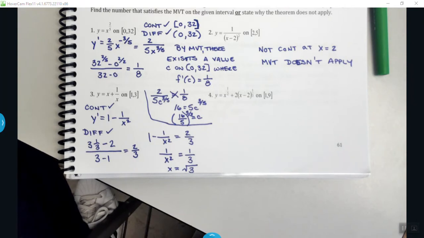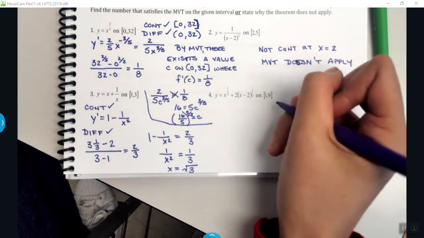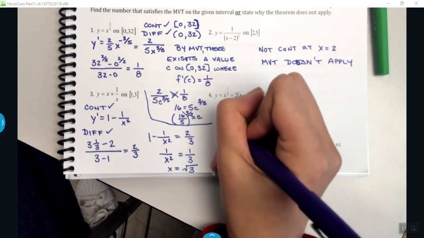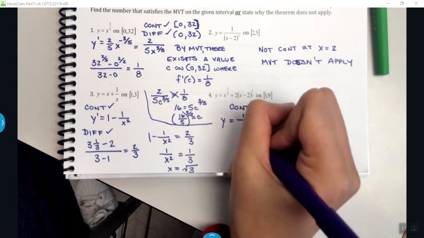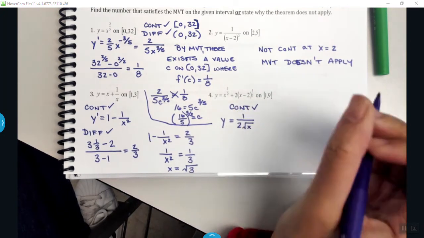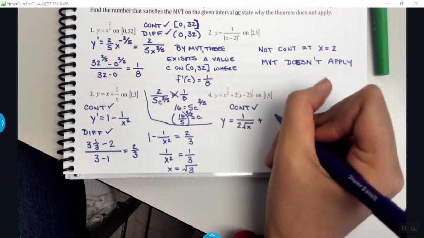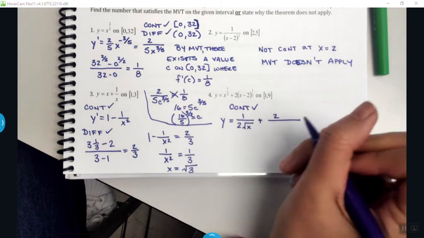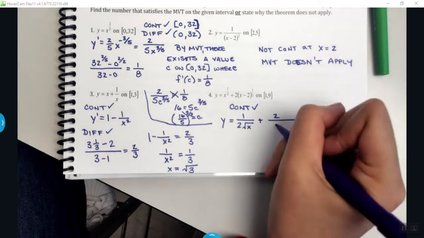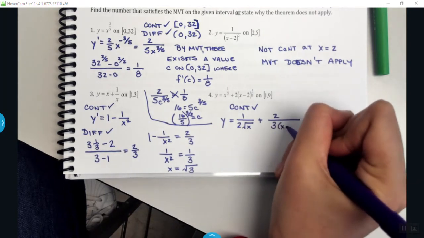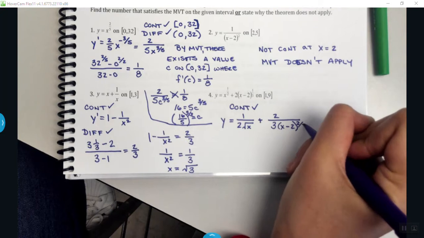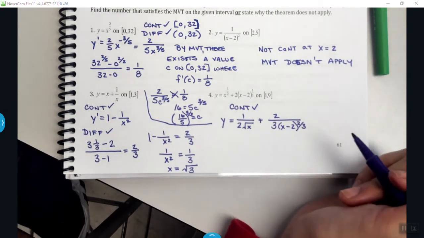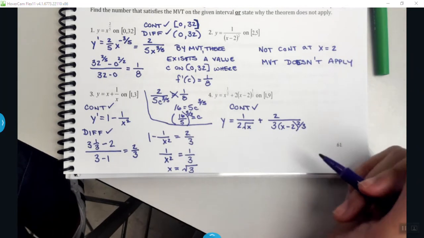Okay, number 4, continuous? Yes. Derivative, y equals 1 over 2 square root x plus 2 over 3 x minus 2 to the 2 thirds, if you do the negative sign correctly. All right.